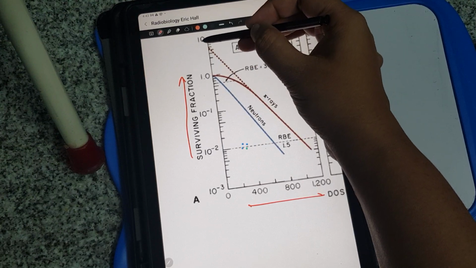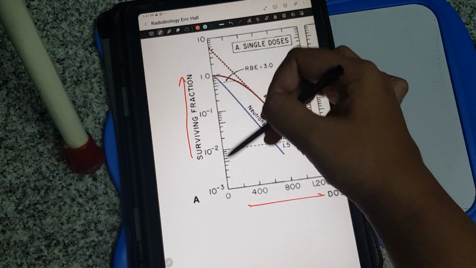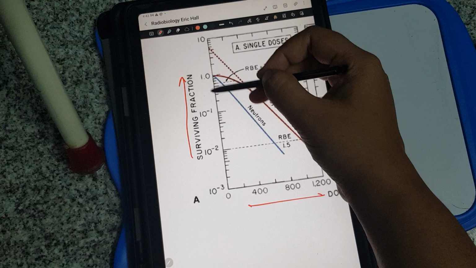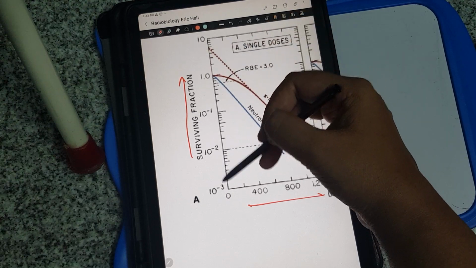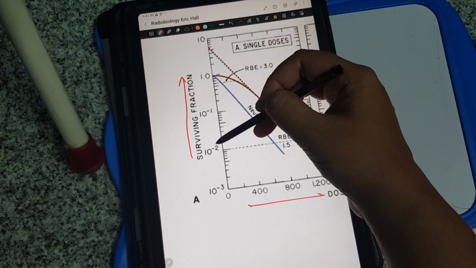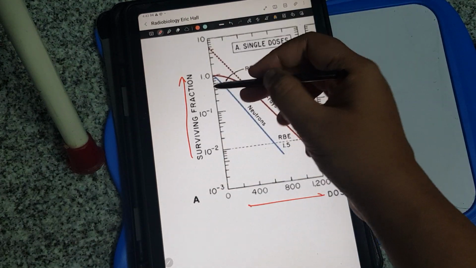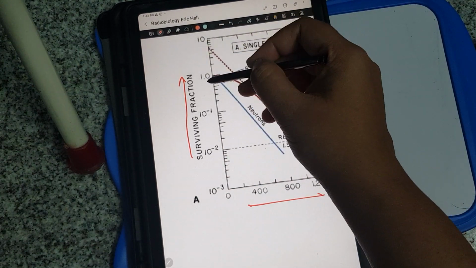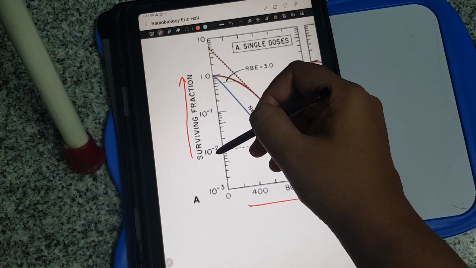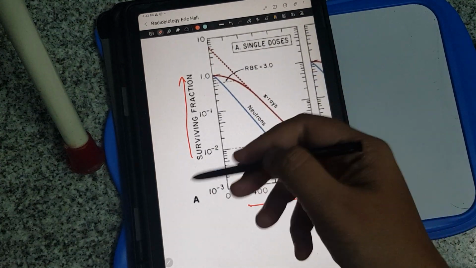Initially there were 10 cells. This is a logarithmic scale, so you can imagine how much the surviving fraction is decreasing. The cells left behind or surviving are fewer here. So it is 10 here, 1 here, 0.1 here, 0.01 here, 0.03 here, or something like that, right?